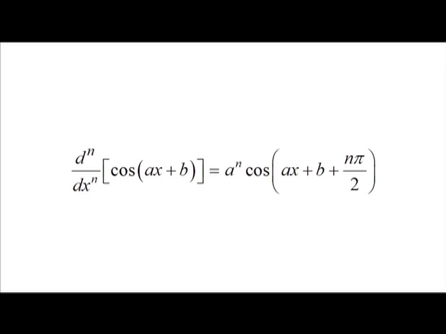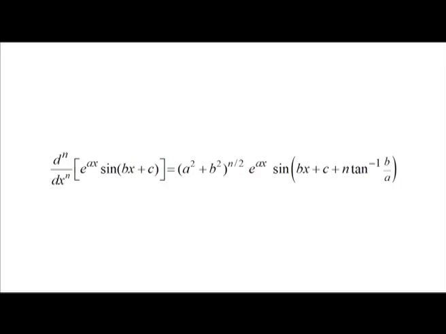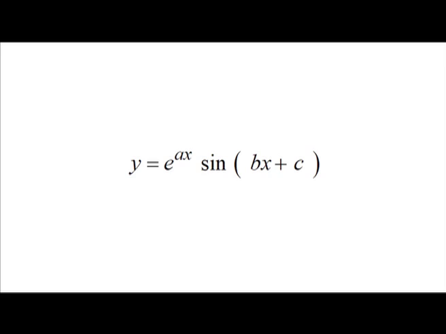The nth derivative of e power ax into sin of bx plus c, where a not equal to 0, b not equal to 0, is given by a square plus b square all power n by 2 into e power ax into sin of bx plus c plus n into tan inverse of b by a. To prove this, let y equal to e power ax into sin of bx plus c.